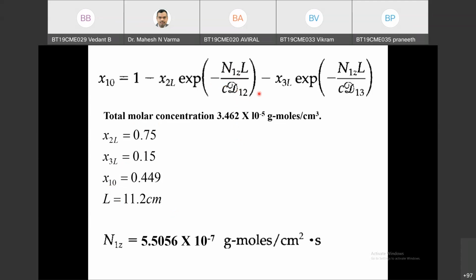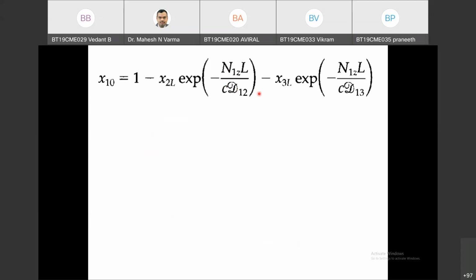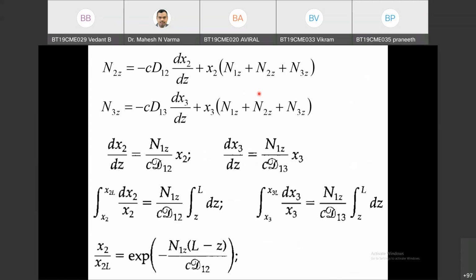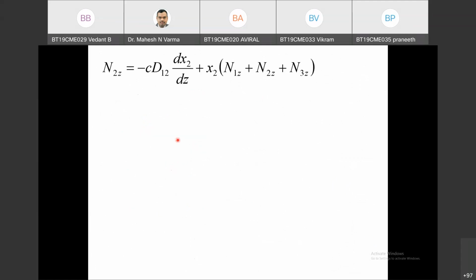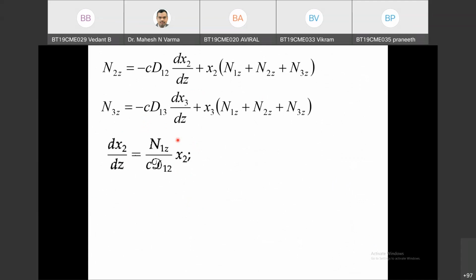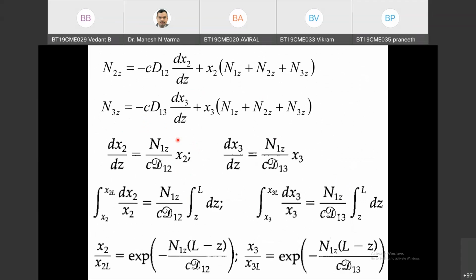Does anybody have any confusion in this? So there are two ways. First of all, you can calculate using the effective diffusivity, which will give me a flux profile and a concentration profile. Another way is you can use the individual diffusivities, and you use the condition that X1 plus X2 plus X3 equals 1.